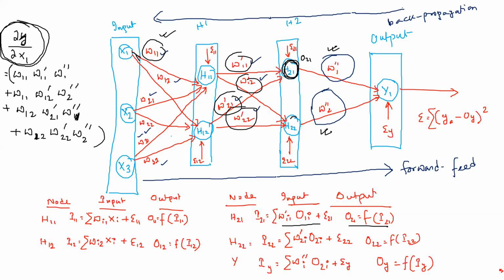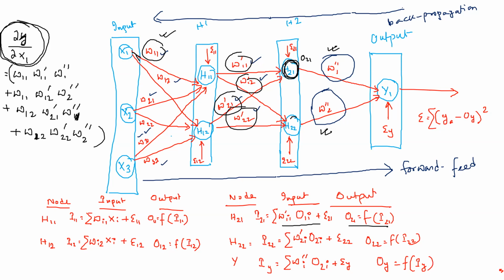Okay, we are squaring it because there can be positive errors and negative errors, like YA and OI. YA is the actual term and OI can be your predicted term. Let's say there were two values of YA. In the first observation, YA's value was 2. In the second observation, YA's value was also 2. But in the first case, you predicted it to be 1, and in the second case, you predicted it to be 3.